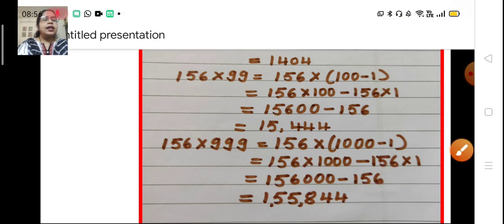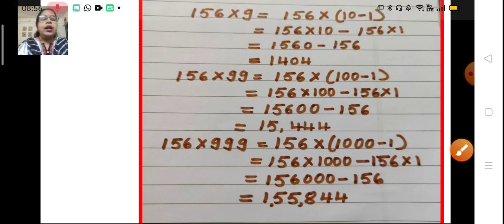And what is the answer that we get? It is 1,55,844. This is the way we can multiply numbers as big as 9,999, 99,999 to any number.